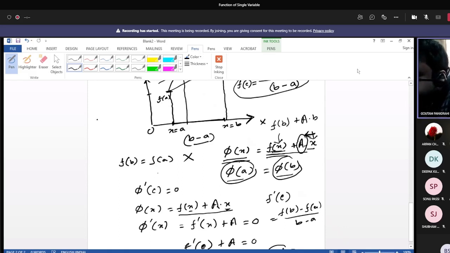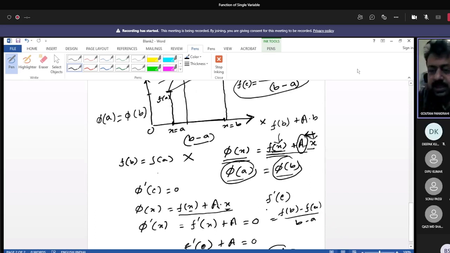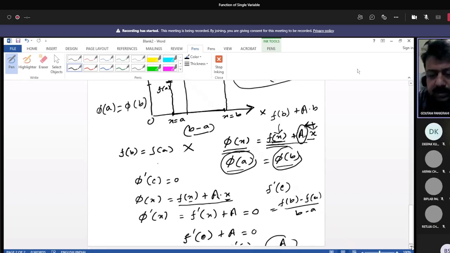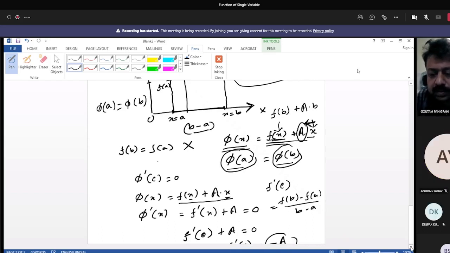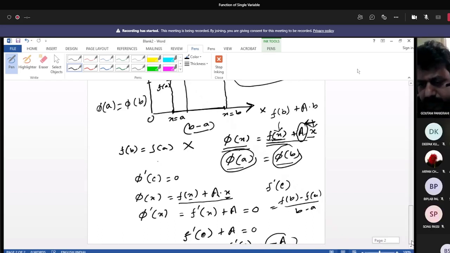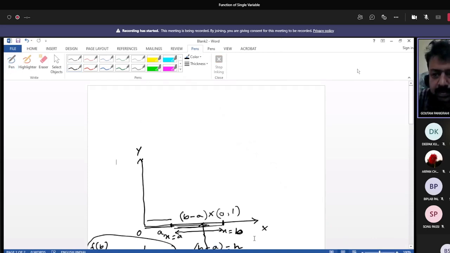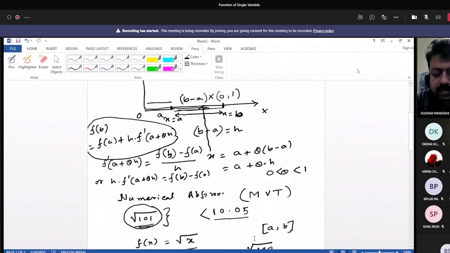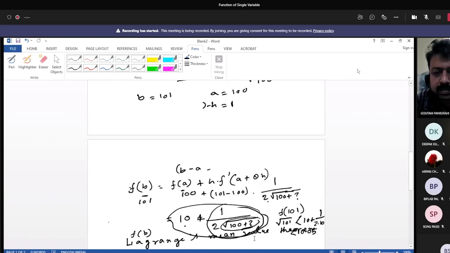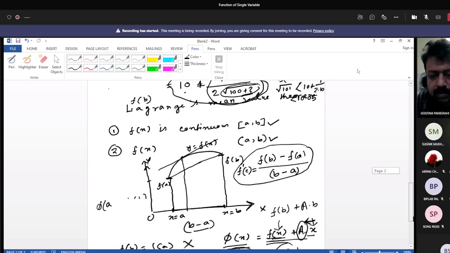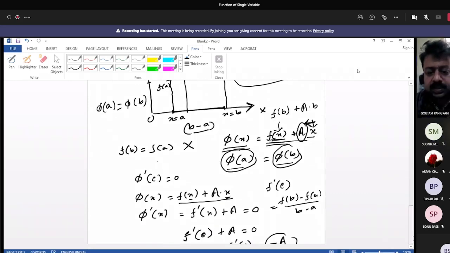Now if you assume that phi a equals phi b, then the choice of the constant A should be such that at points a and b they are the same. Then you have just equated phi a equals phi b.